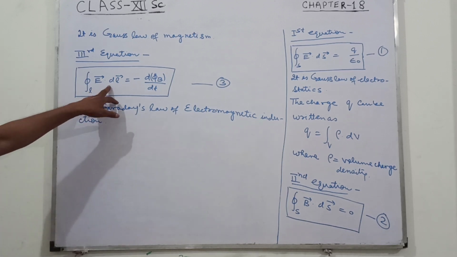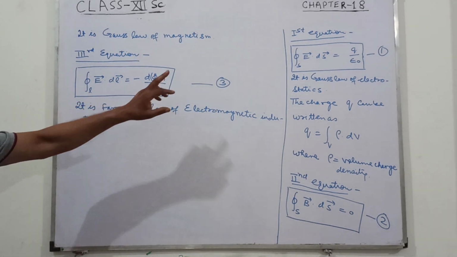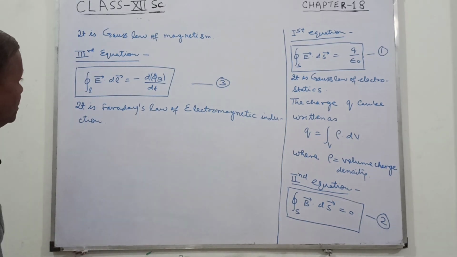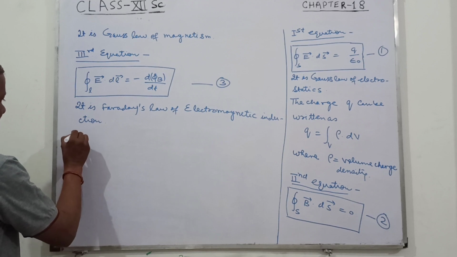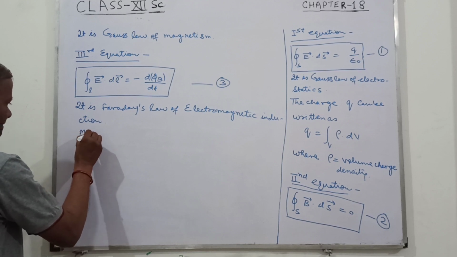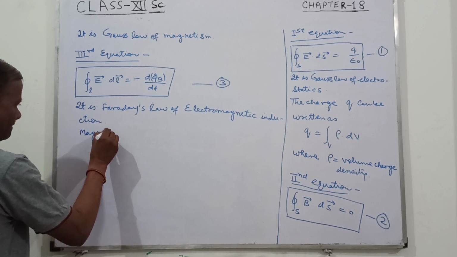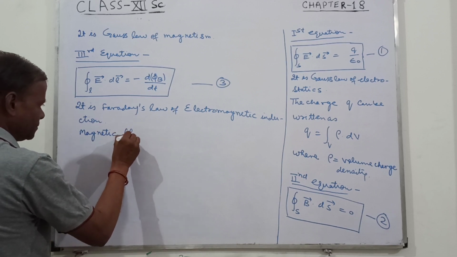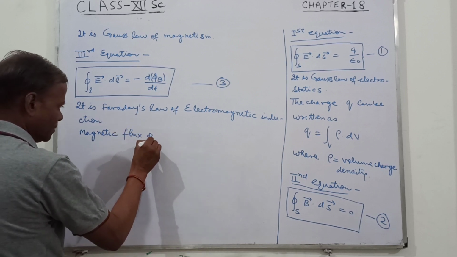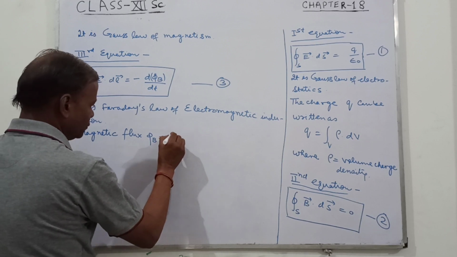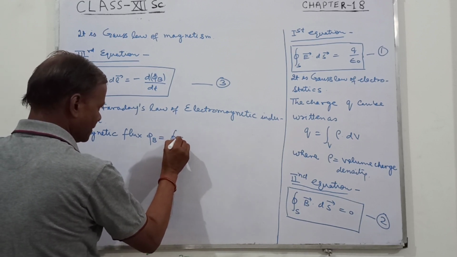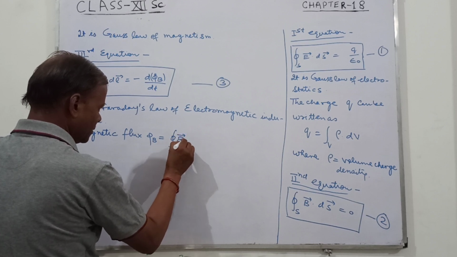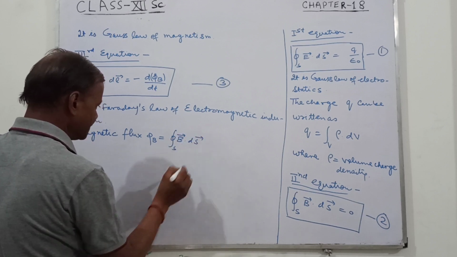Here E is the electric field, phi B is the magnetic flux, phi B equal to surface integration B dot ds.